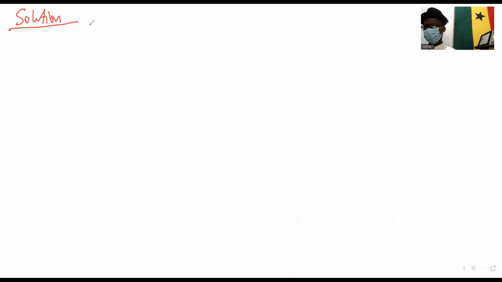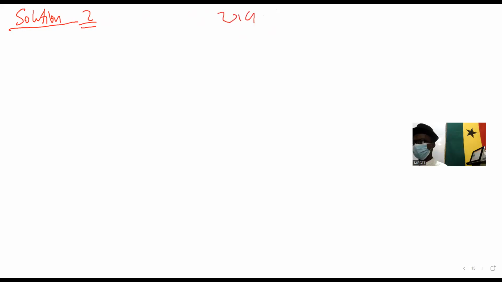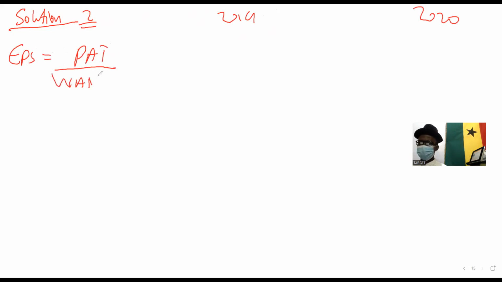Now, the very first one that we'll talk about is to still talk about our 2019 and 2020. Basic earnings per share is equal to, the more I code the formula, the more I remember, earnings attributable over the weighted average number of shares.